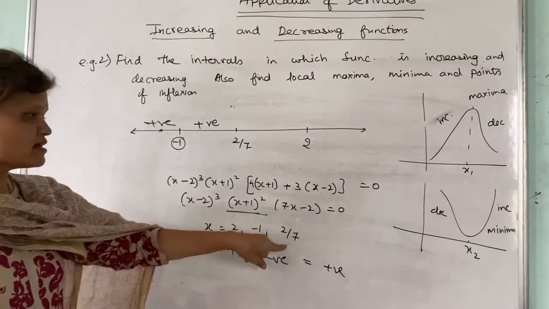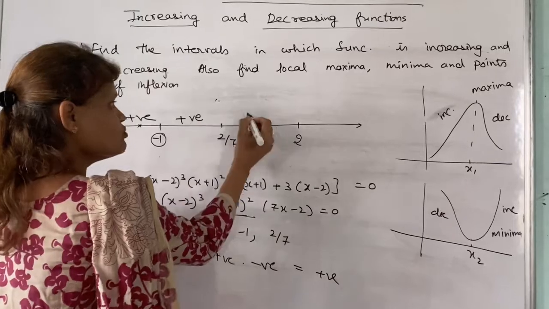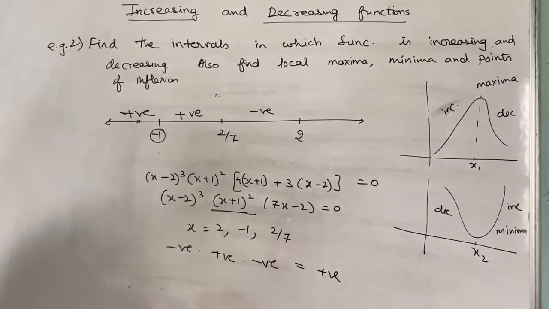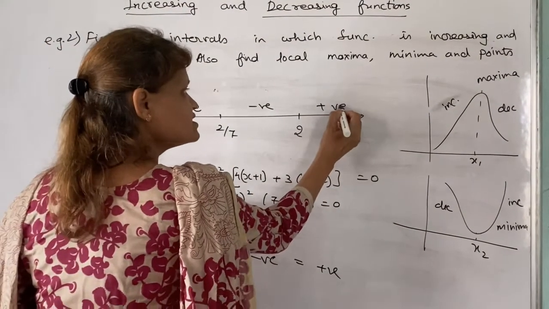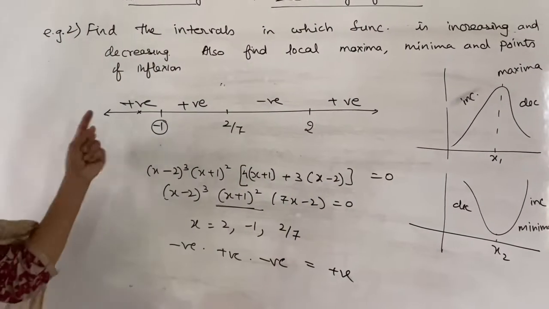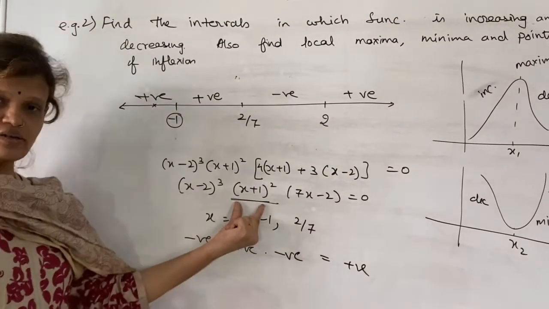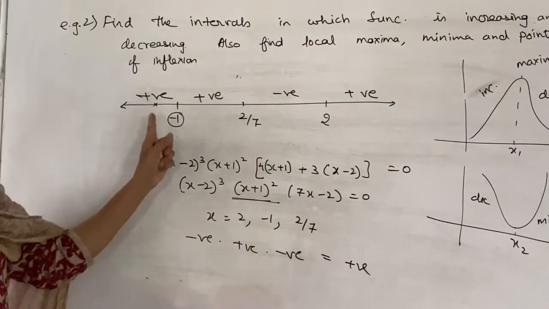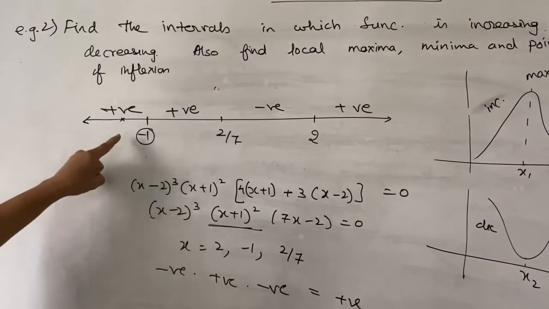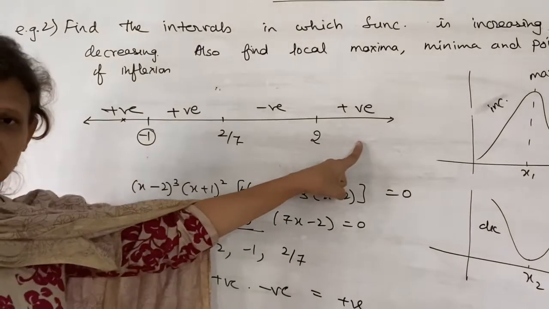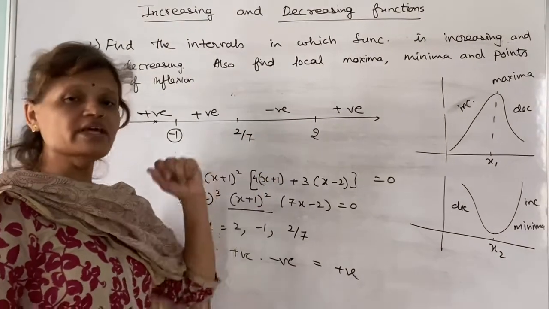Then comes 2/7. Here yes, there is no square term, so it will change, this positive, this negative. This is a cube term, for that also it changes the sign. So only for the value which we have got from a square term, there is no change in the interval. So now we have got these three intervals will be increasing function and this will be decreasing.